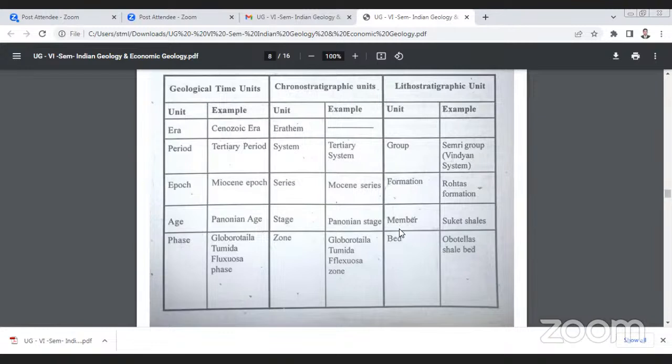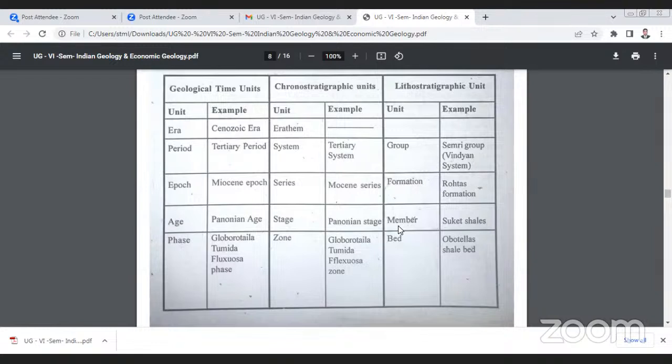Finally, the lithostratigraphic unit. The basic unit is known as a group. A group is divided into formations, a formation into members, and a member into beds. You see here there are three units.